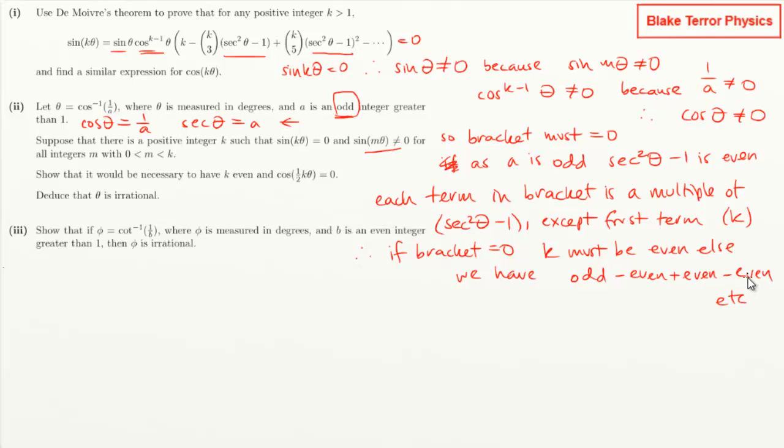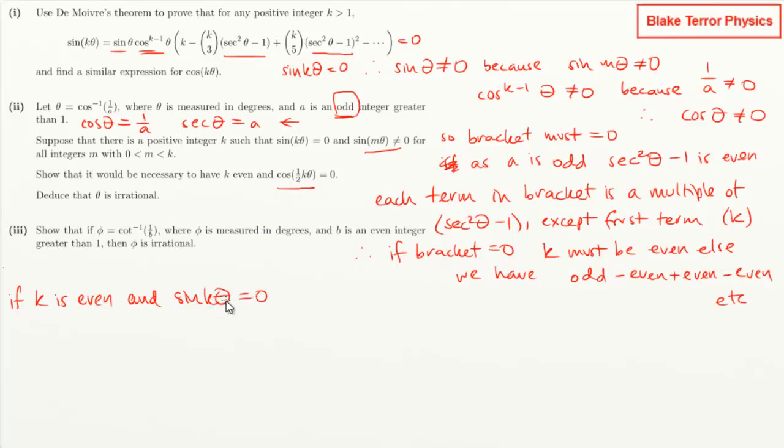So if k is even, which it must be, and of course we're still working on this idea that sine of k theta is 0, then what does that mean? So they're saying that it's now necessary to have cos of a half k theta equal to 0.